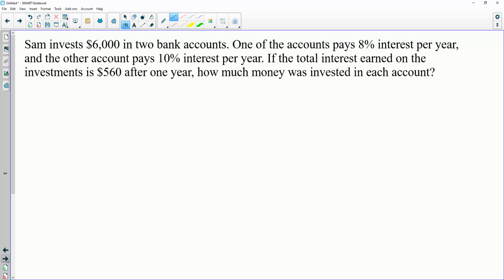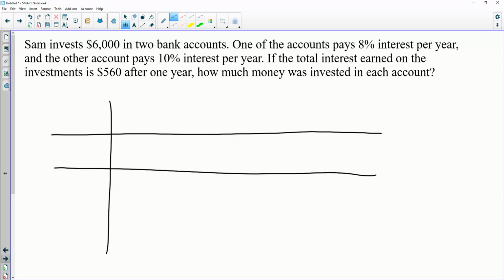If the total interest earned on the investments is $560 after 1 year, how much money was invested in each account? So where do we begin? Chart. What formula goes across the top? Good.